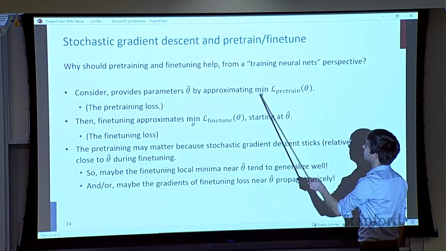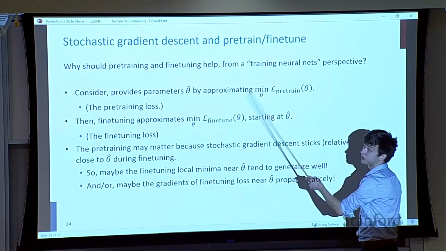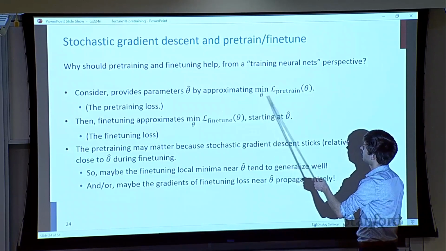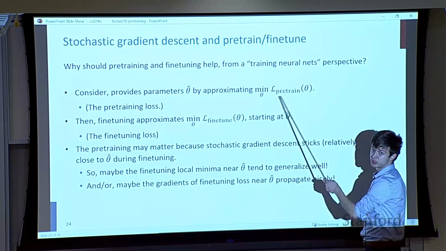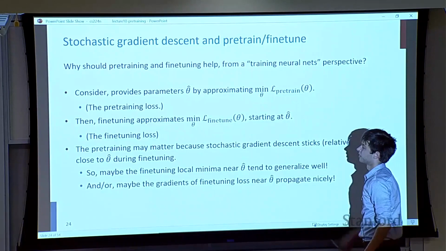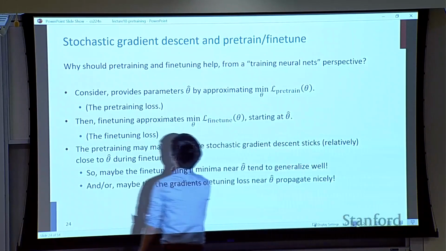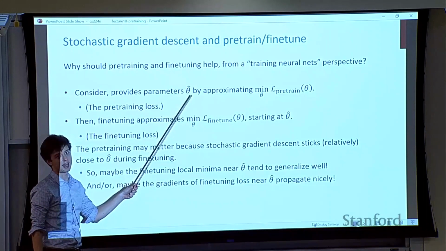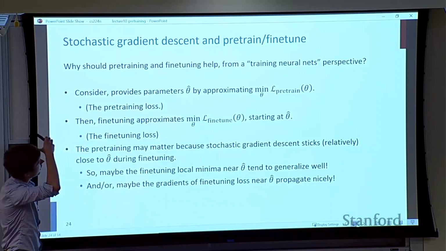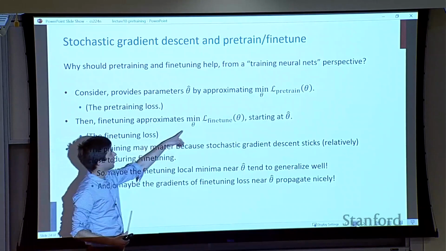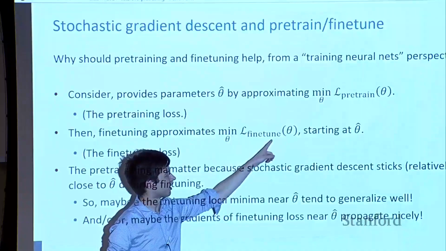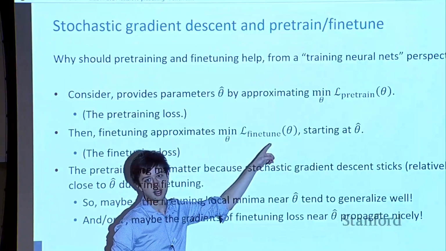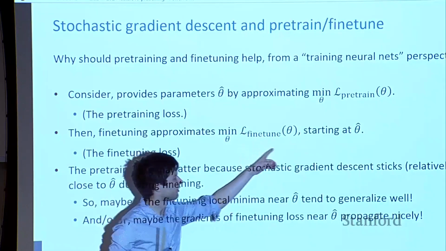We're trying to approximate min over the parameters of our pre-training loss, which here was language modeling, and we just get an estimate of some parameters theta hat. And then we fine-tune by approximating this min over theta of the fine-tune loss, maybe that's sentiment, starting at theta hat.